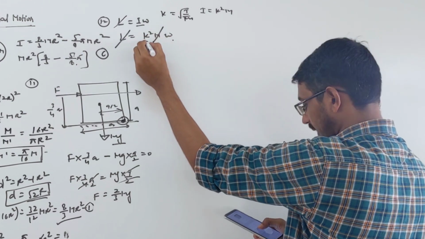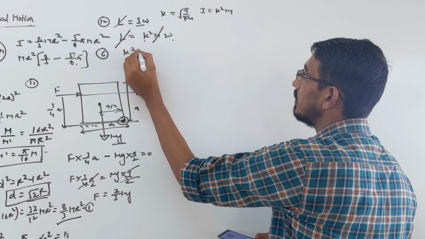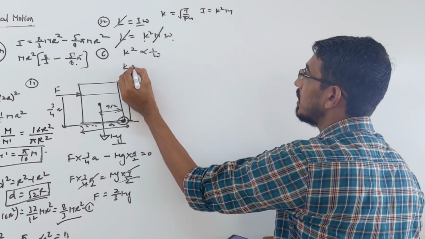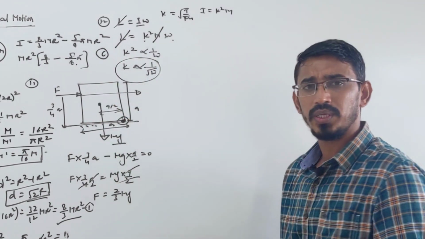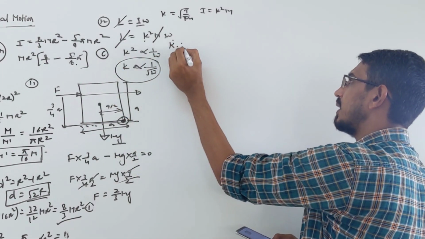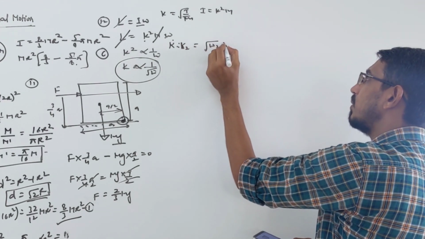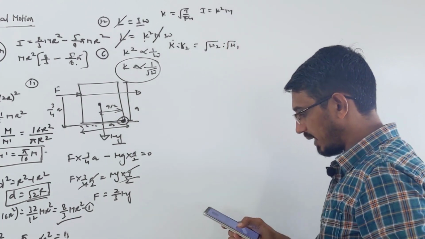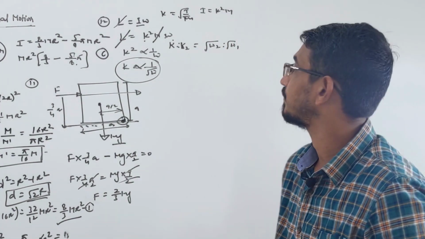So omega and k square become inversely proportional, or k is inversely proportional to root of omega. They are asking the ratio of radius of gyration, k1 to k2, which becomes simply root omega 2 by root omega 1, right? That should be the answer, which is given in your third option for this question.